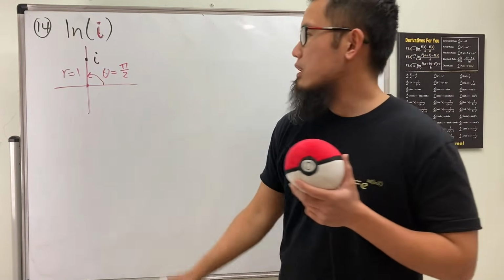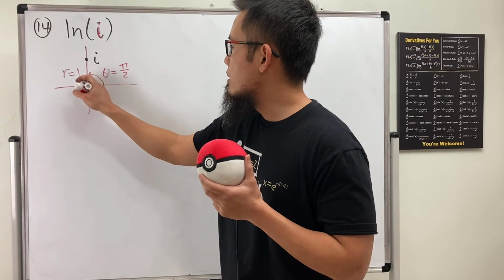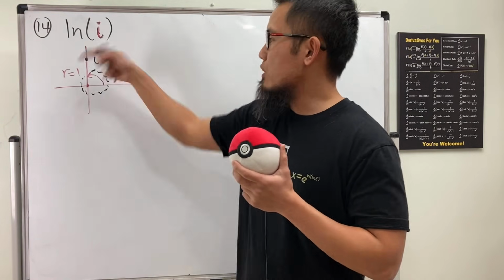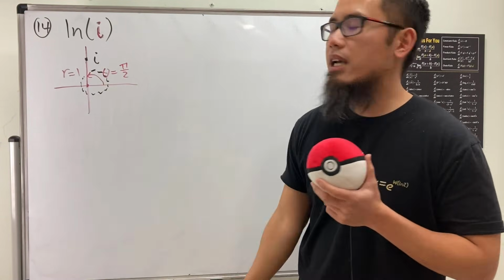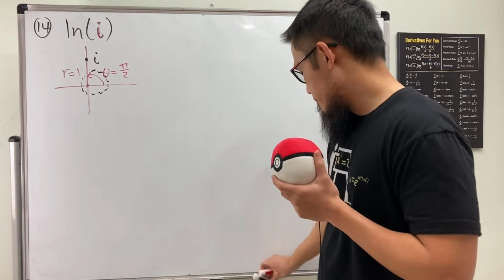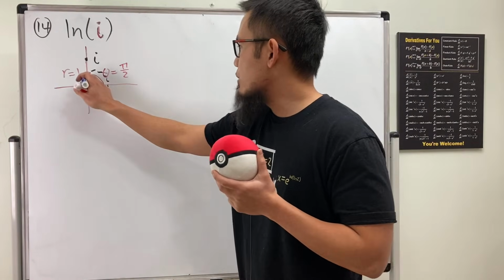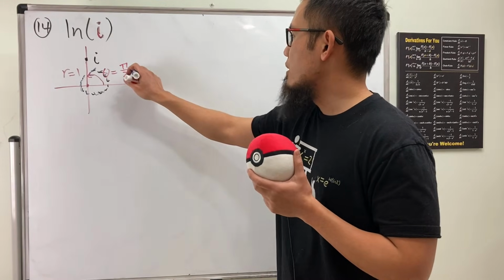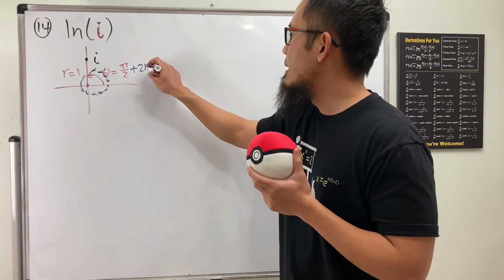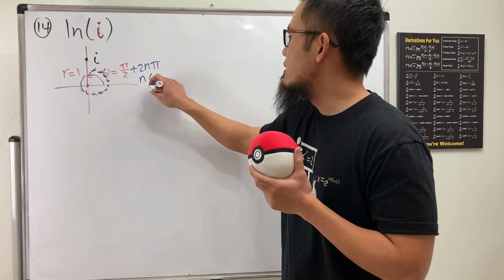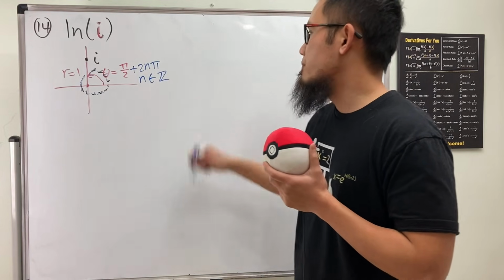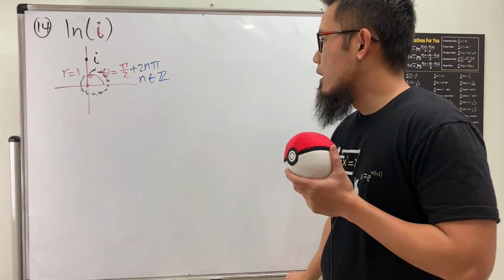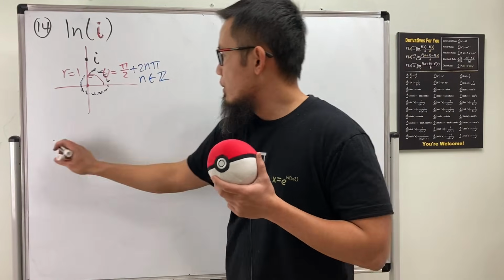But the truth is, you can keep rotating, right? You can just keep adding the 2 pi, etc. So if you do that, you can actually get infinitely many answers for this. So technically, put down plus 2n pi, and n is just an integer. But anyway, look at this right here.